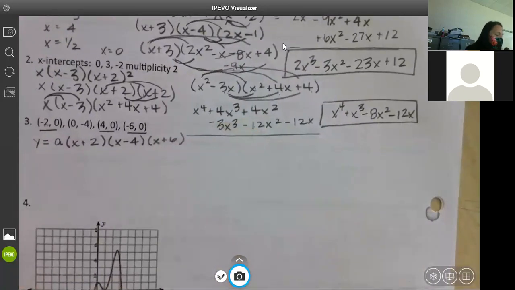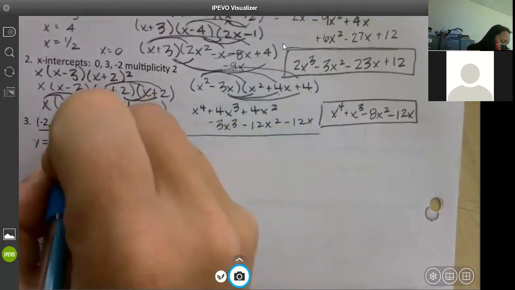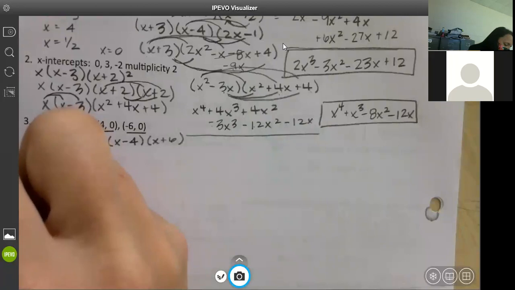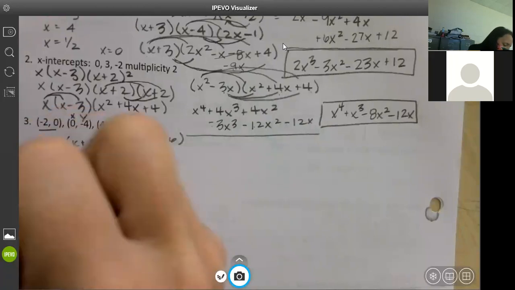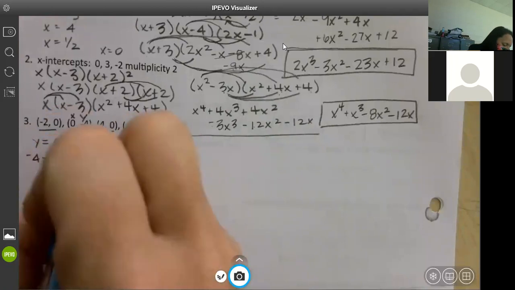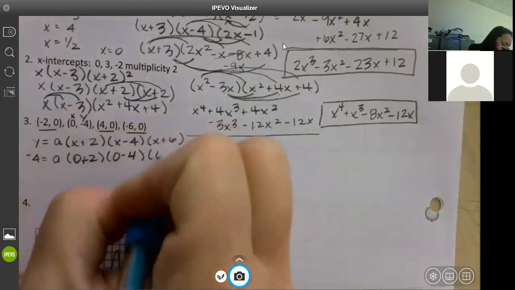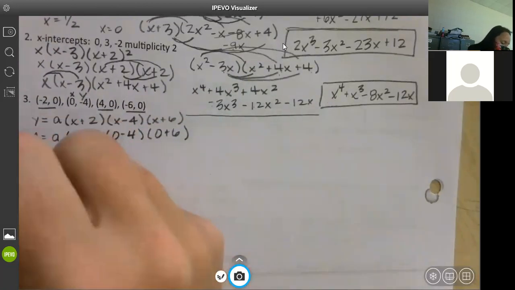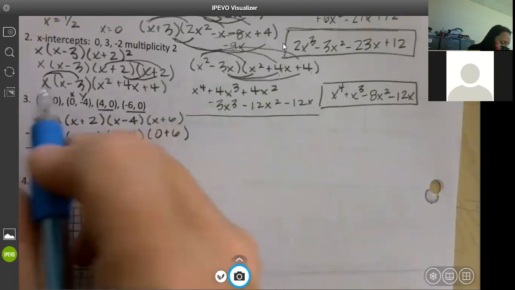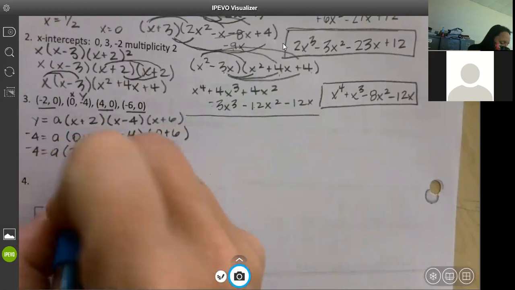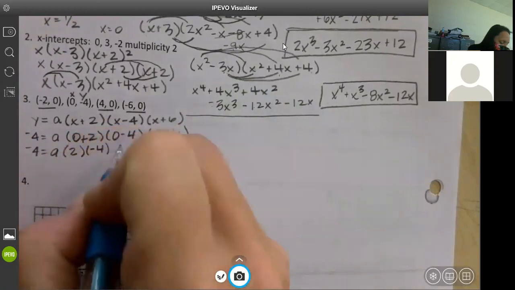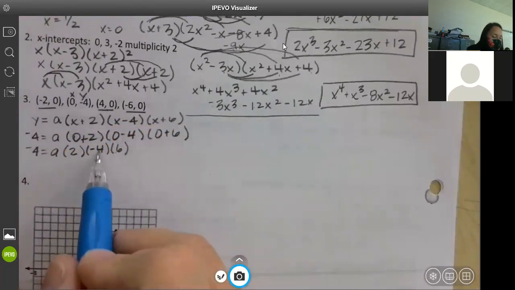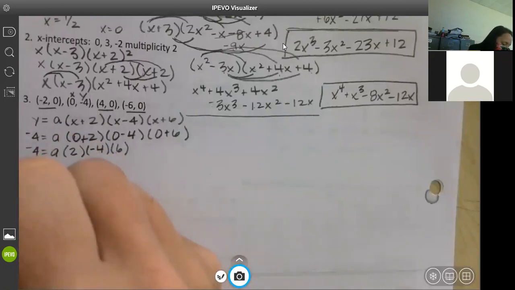Now, to figure out what a is, we plug this in for our x and our y. So what was our y? Negative 4. We don't know a, but we know that x is 0. Clean it up. 0 plus 2. 0 minus 4. 0 plus 6. 6 times negative 4 times 2.